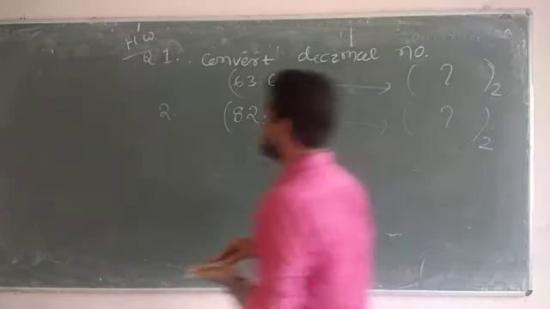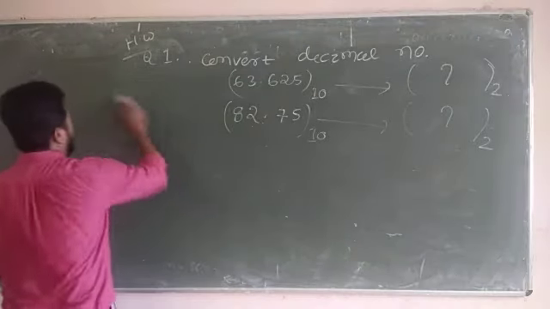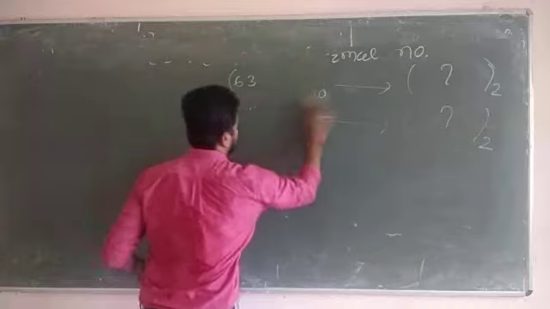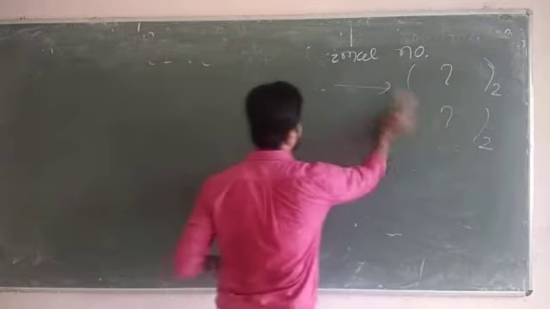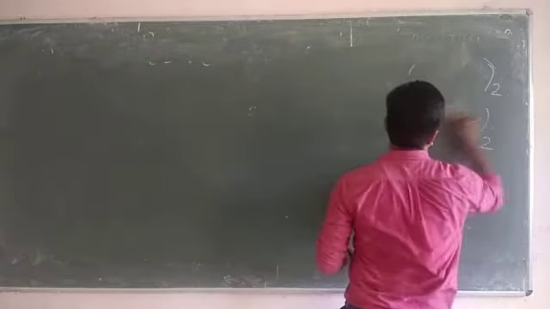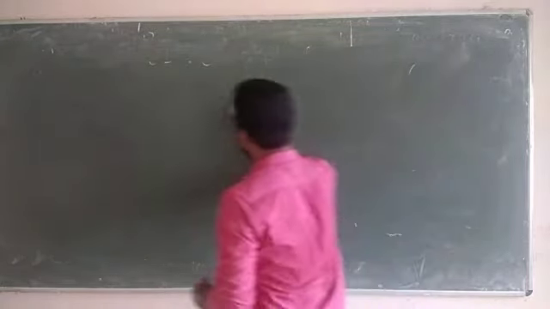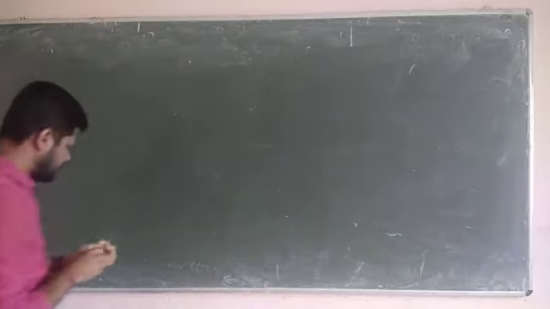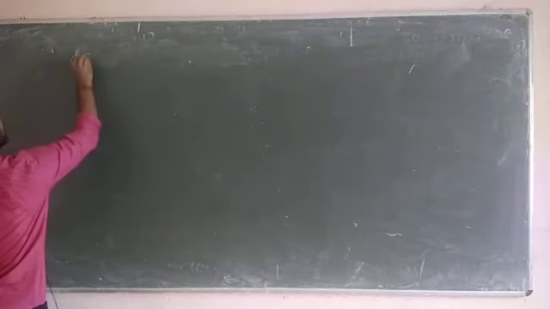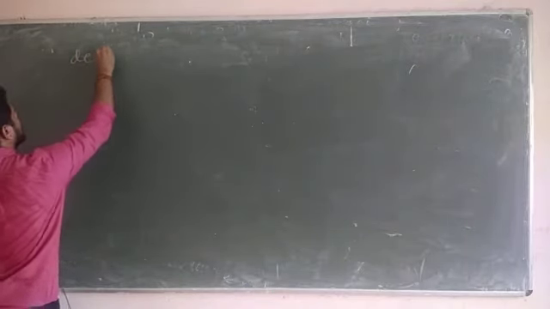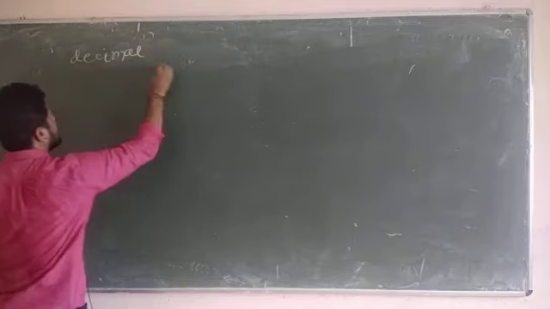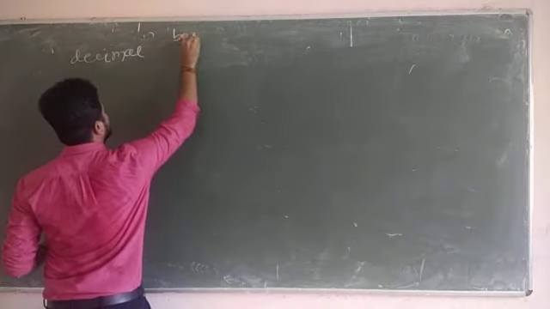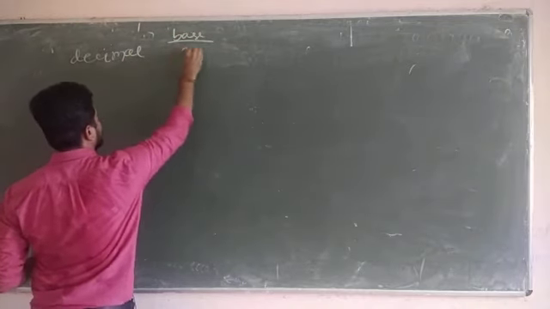Then we will see how to convert a decimal number into octal. Octal means base is 8. You need to remember these bases. For decimal, the base or radix is 10.